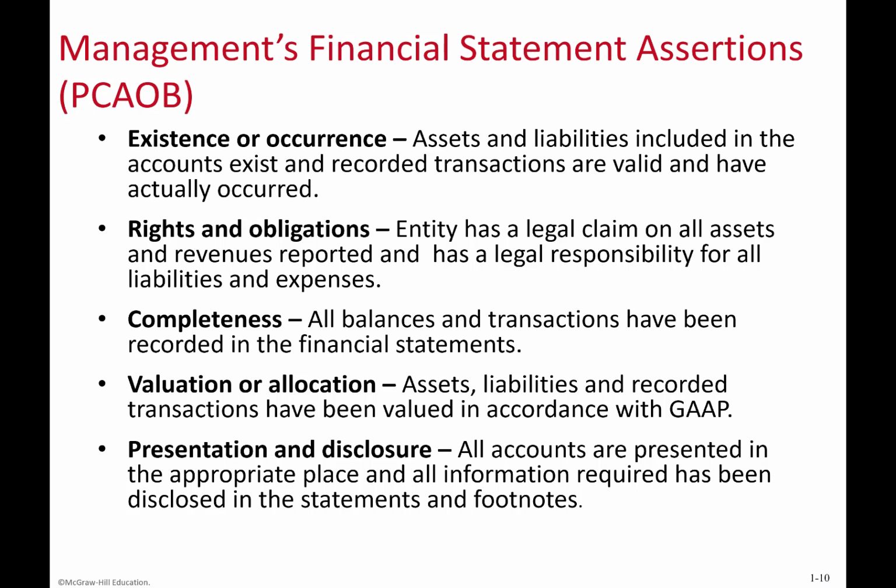I think we were talking about sales invoices, and we would find the invoices, find the shipping reports, find the customer order, and do what? Take that back to the financial statements to make sure that everything that should be listed in the financial statements was actually included.